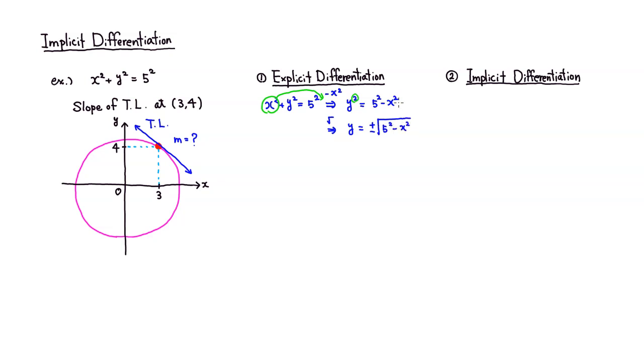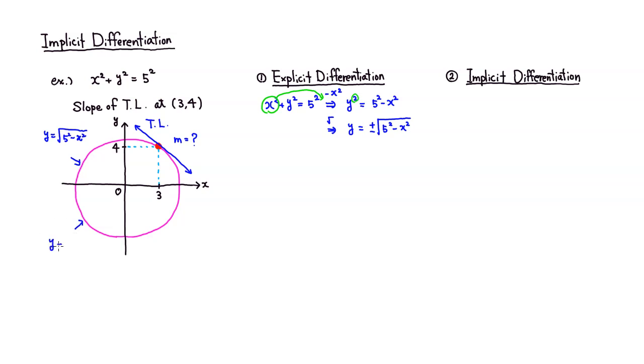The reason we have a positive one and a negative one is that the top semicircle has the equation y equals positive square root of 5 squared minus x squared, and then we combine that with the bottom semicircle to make a whole circle.